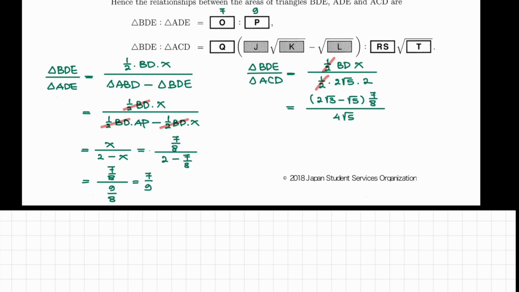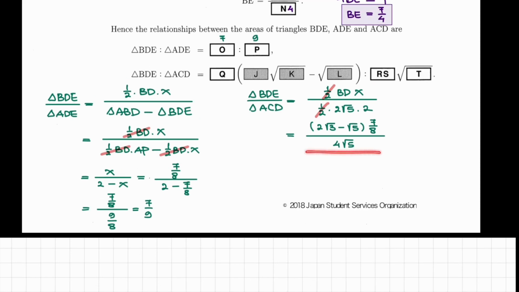I think I need to simplify this expression to get the final answer. Since there is 7 over 8 here, I will multiply both numerator and denominator by 8.